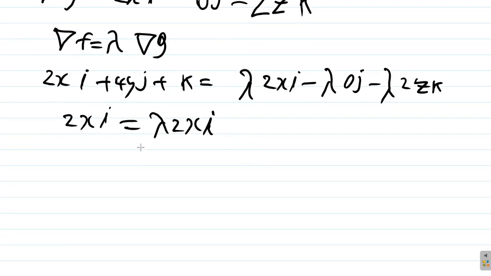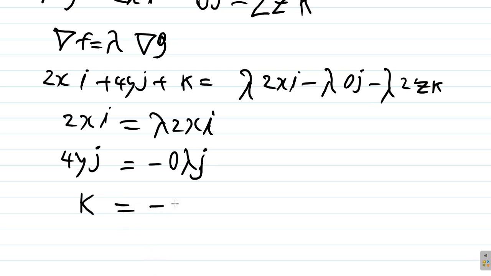We have 4yj is equal to negative 0 lambda j, and we have 1k is equal to negative 2 lambda zk.